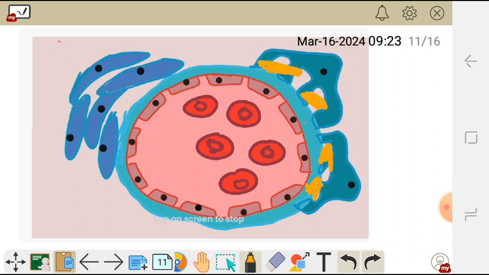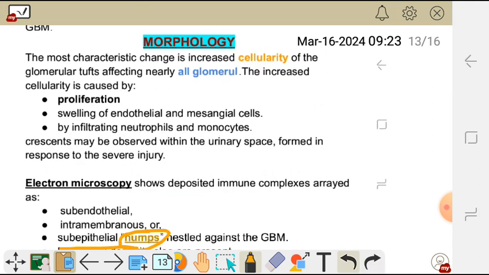Okay, in that space there, that's where they are going to be deposited, or in the podocyte foot processes, and they're going to form structures like this. So these are what we call humps. So those are humps which are being formed here on the GBM.